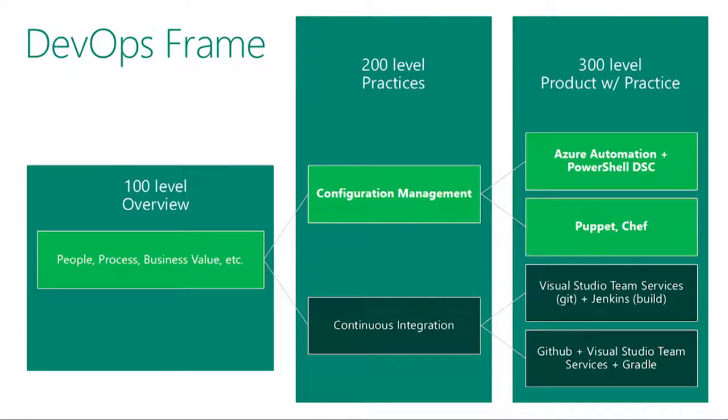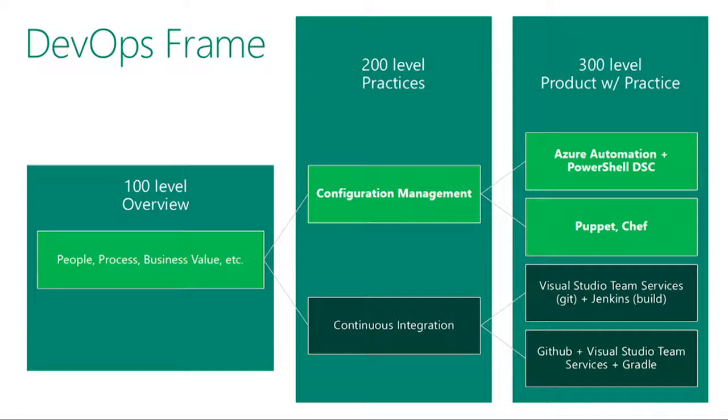And as usual, we have this mapping of a DevOps frame with most of the DevOps practices that we talked about here. We have the 100 level, and in this case, it would be continuous delivery, ensuring that your environments can be reconfigured exactly how you want it across multiple different environments, and be able to deliver code that is good and tested to all of them at any time and multiple times per week.